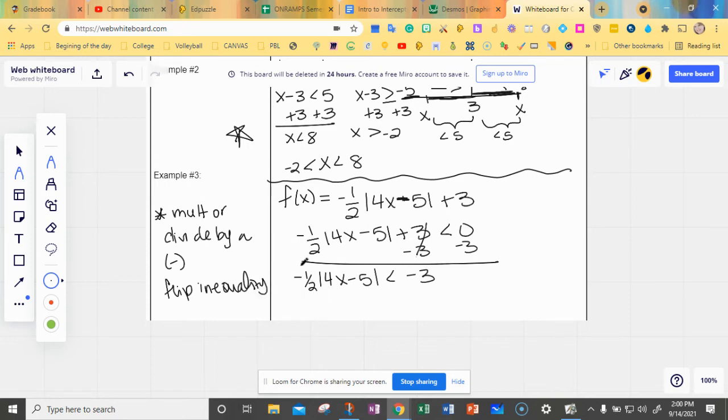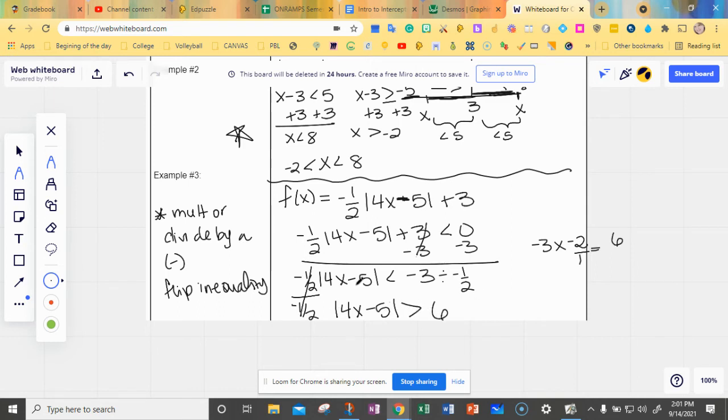So what does that mean? Well, notice here, to get rid of this negative 1/2, when I divide by negative 1/2, what I'm really doing is multiplying by the reciprocal. I get to flip that fraction. So negative 3 times negative 2 is 6. Now, anytime I have to divide or multiply by a negative, that less than is going to become a greater than.